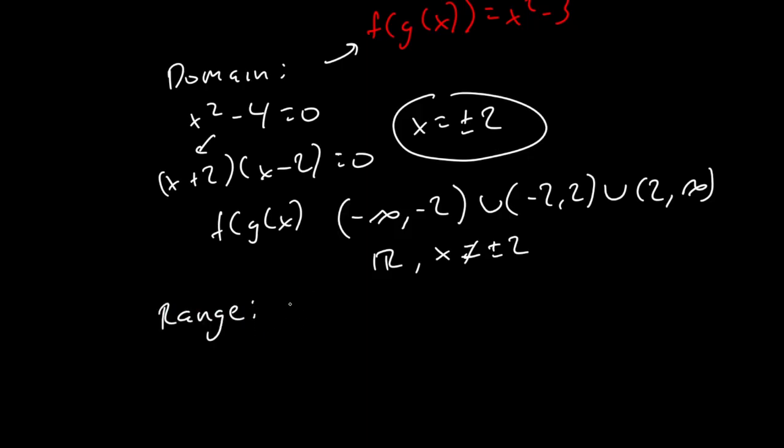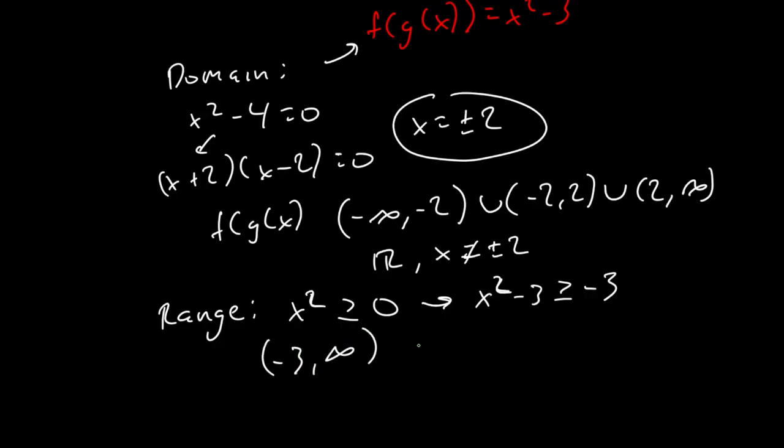Now moving on to range, we can see that x squared has to be greater than or equal to 0. So, which means x squared minus 3 has to be greater than or equal to negative 3. And so the range is negative 3 comma infinity.